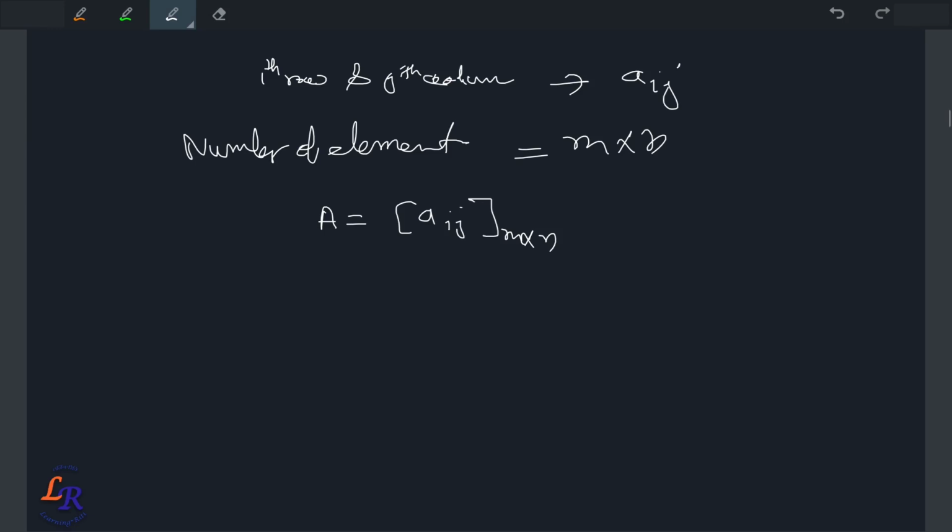For the time being, the elements we are going to consider in the matrix would be either real numbers or functions of real numbers. We are not going to use complex numbers currently, because that is an advanced stage, but just to give you a foundation, we'll follow those kinds of numbers.